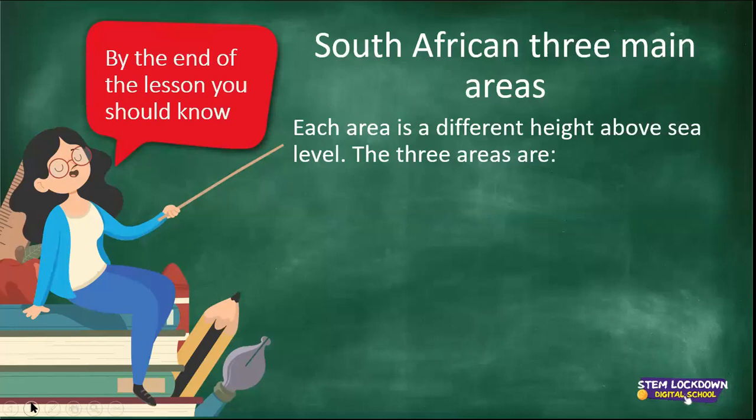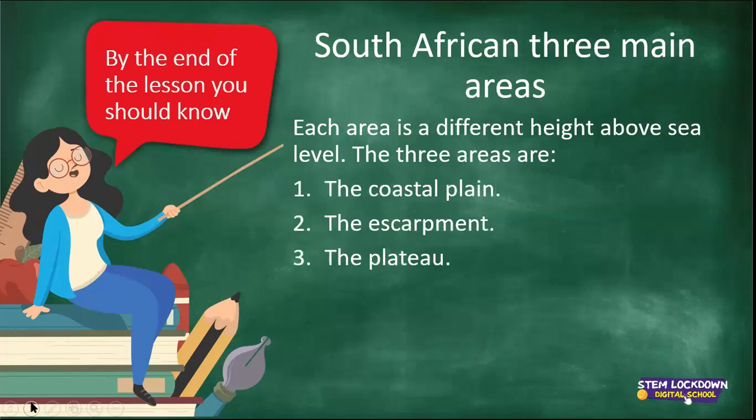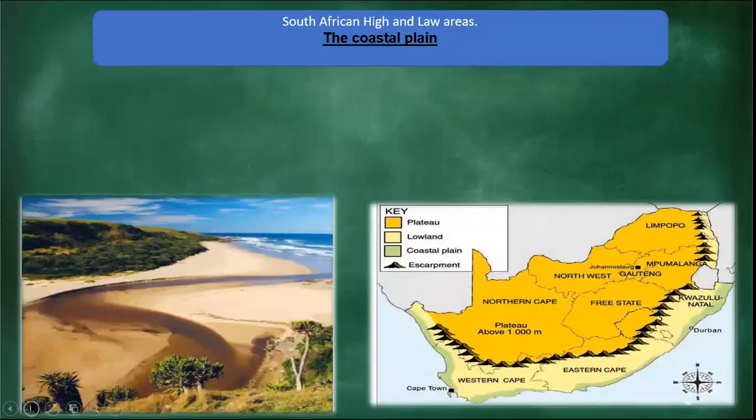The three areas are, as we've said, the coastal plain, the escarpment, and the plateau. So here I have examples of the coastal plain. Look at them carefully.